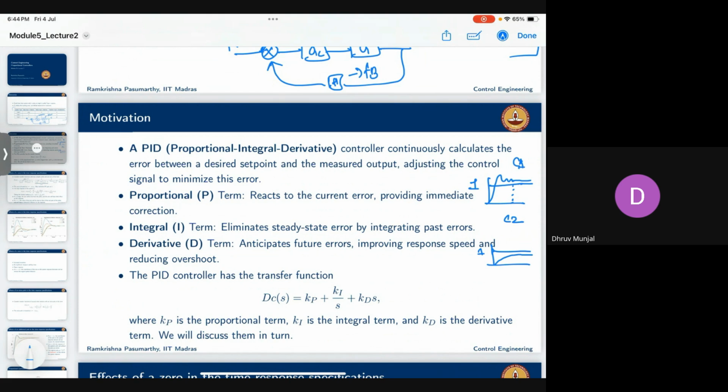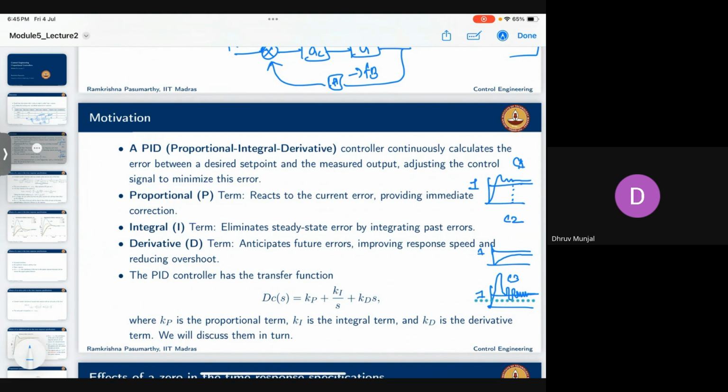This time also it is not going into the steady state properly. Case three: it reaches the output, but it takes a longer time, and the output oscillates a lot before it reaches a steady state.